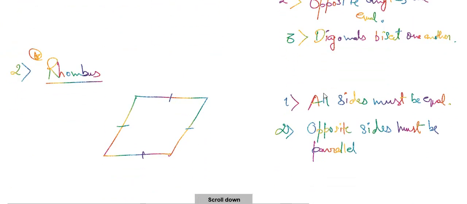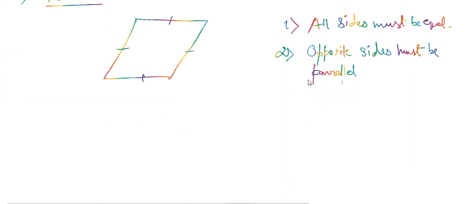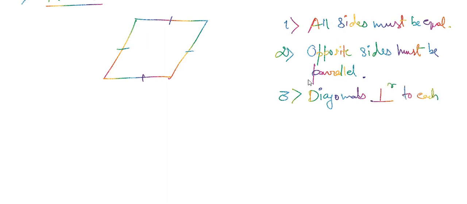Since all sides are equal, I would be considering opposite sides only. So opposite sides must be equal, and the diagonals are perpendicular to each other. In this case, diagonals are perpendicular to each other. So that is my case.